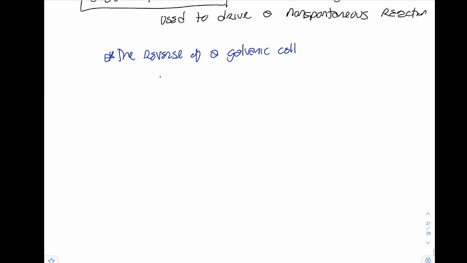In a galvanic cell, we're going to convert chemical energy to electrical energy.